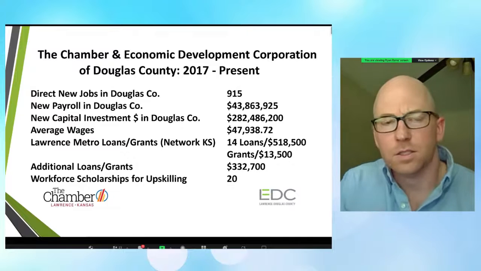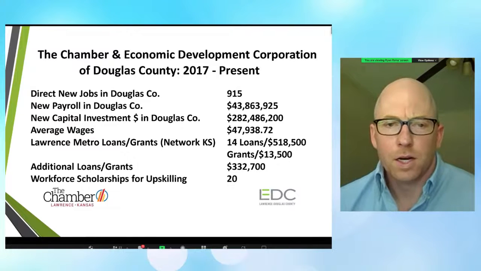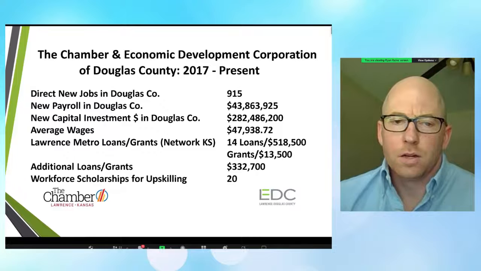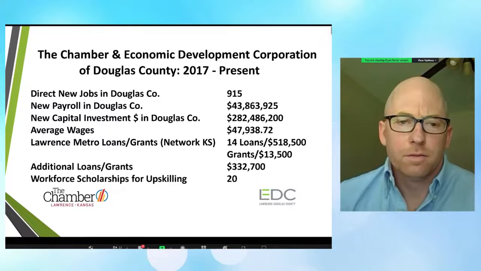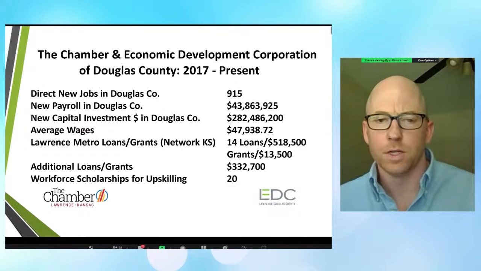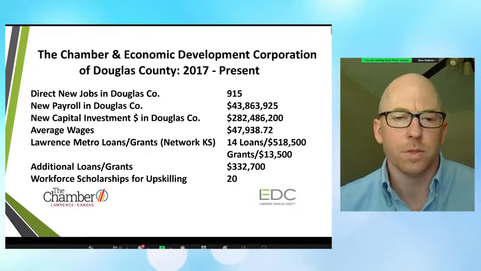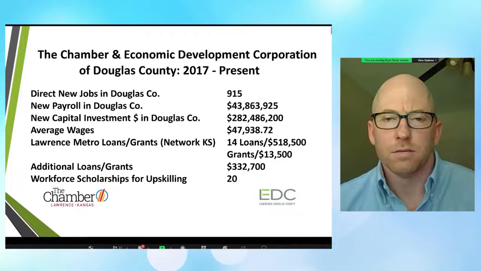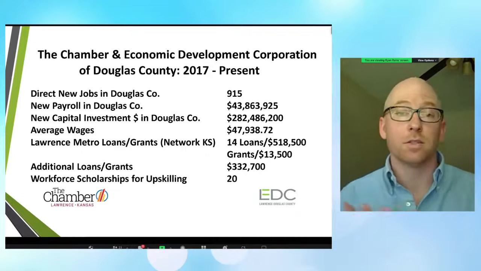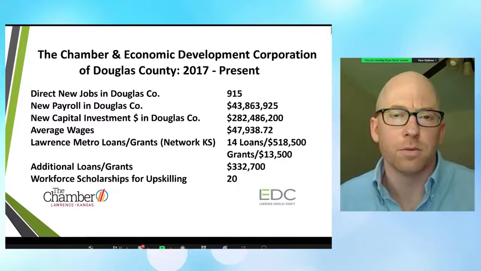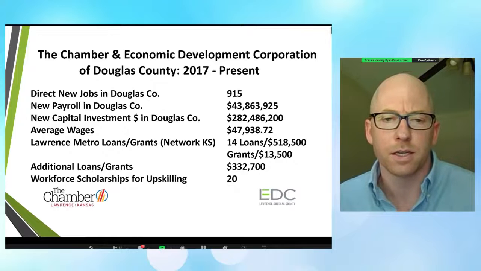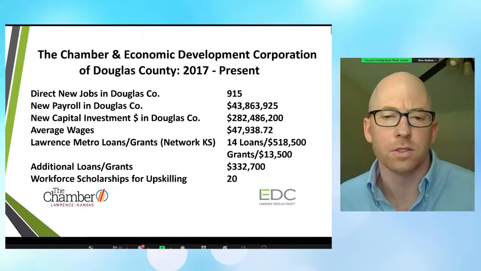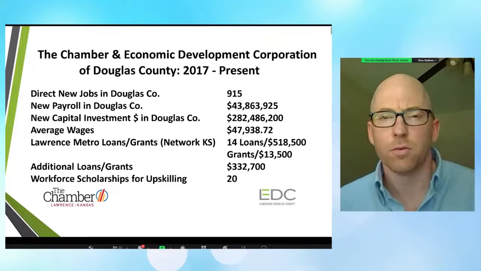So as Steve mentioned, this is a snapshot. When you think about base funding, that's where a lot of this gets supported out of. Particularly this Lawrence Metro loan, when it comes to entrepreneurship, has been accessed 14 times since 2017 for gap funding. So up to 60%, up to $45,000 of a project, and that can vary from year to year, but Network Kansas essentially provides those funding sources. And then they have additional statewide programs.